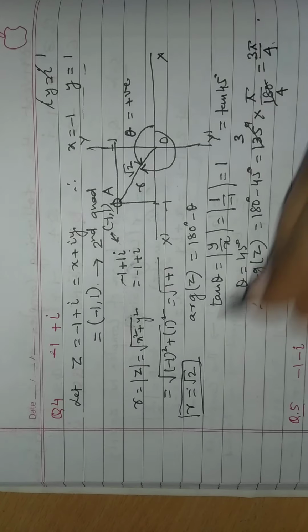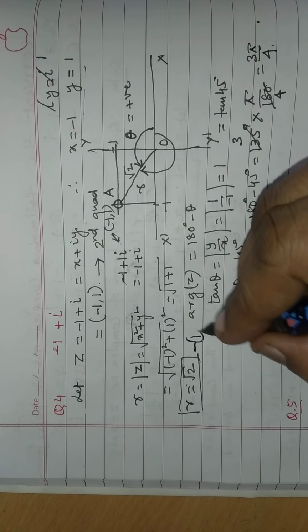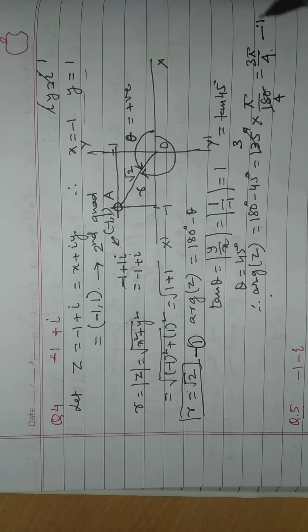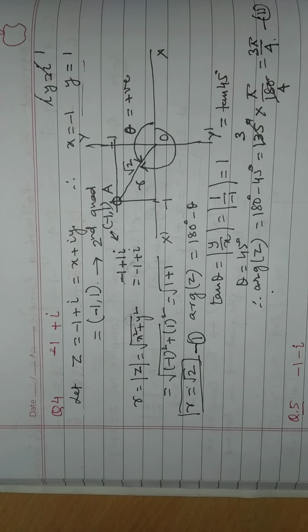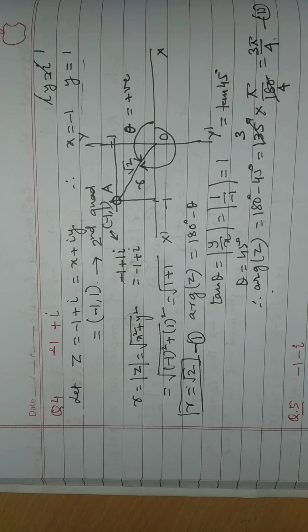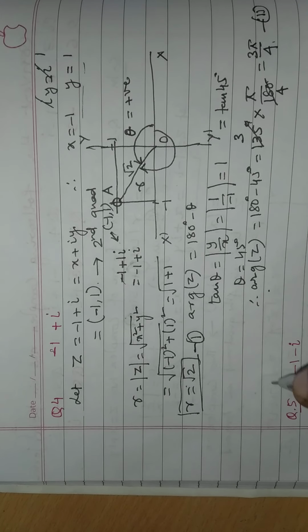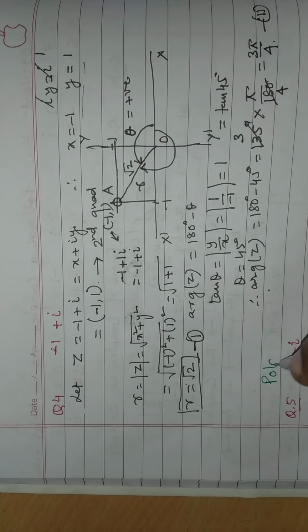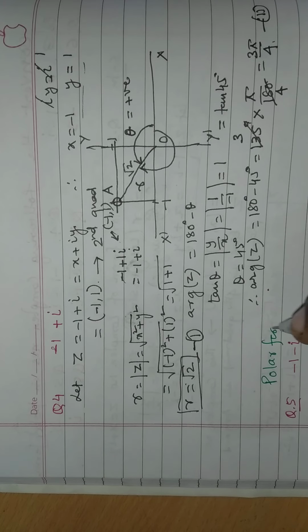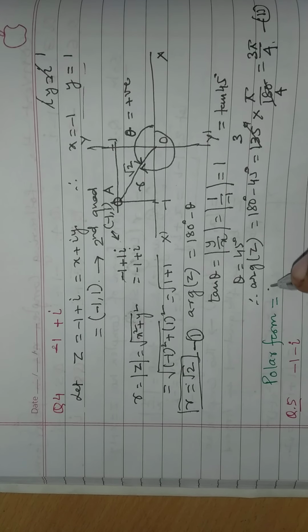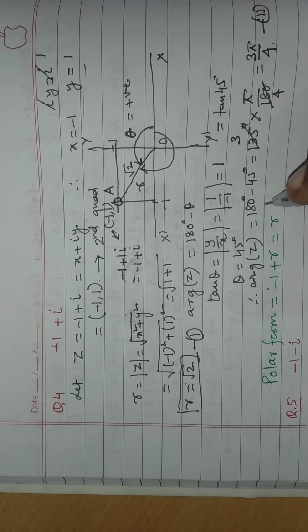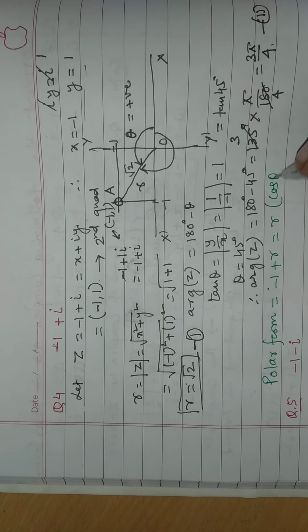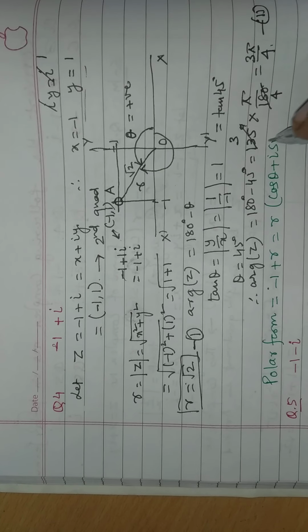So this is taken as, suppose, equation number 1, and this is taken as equation number 2. Therefore, the polar form of this complex number -1 plus i can be written as r (cos theta plus i sin theta).